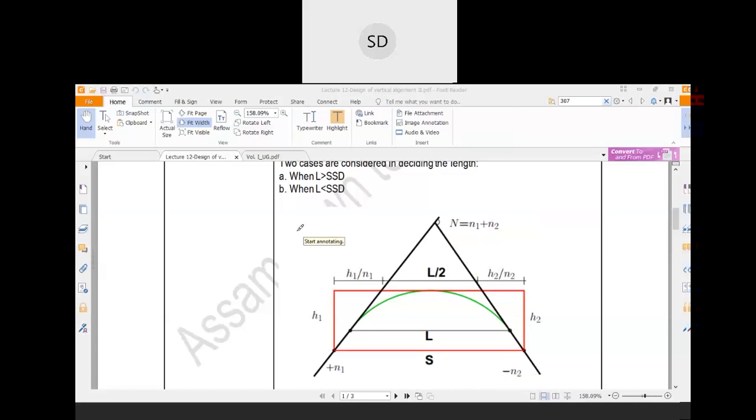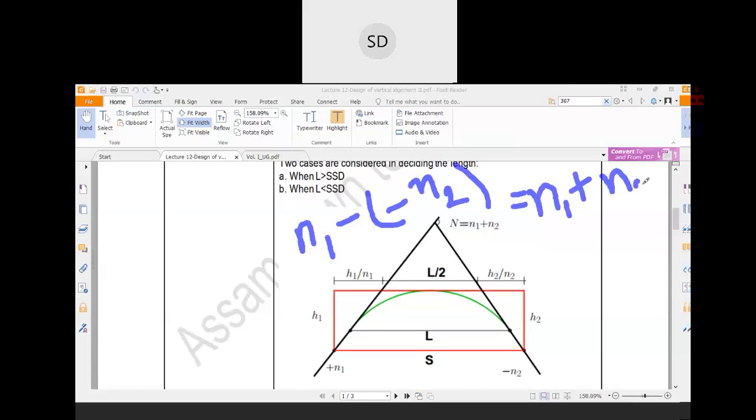How is it n1 plus n2? It is n1 minus of minus n2, that is equal to n1 plus n2.